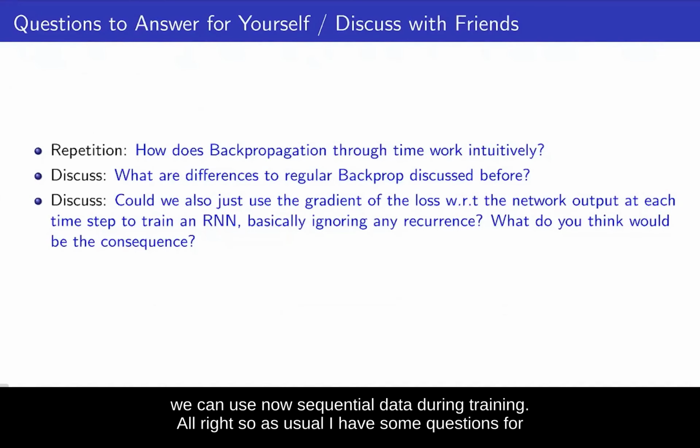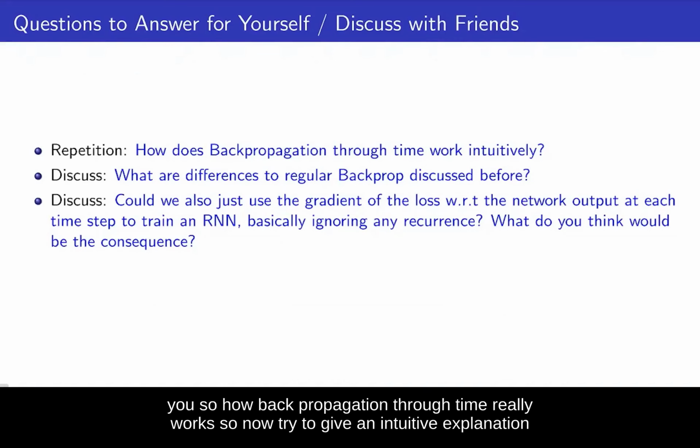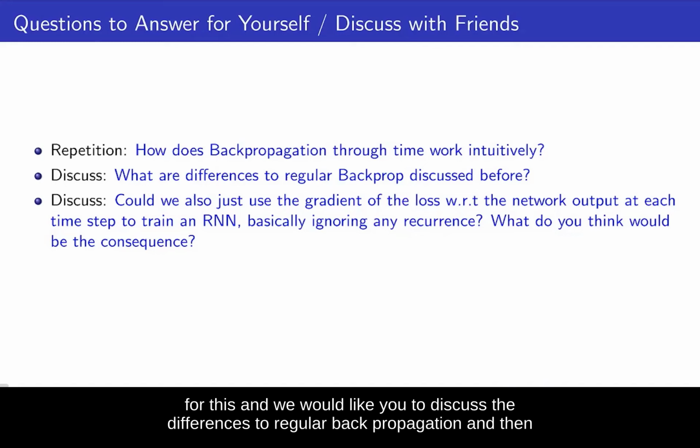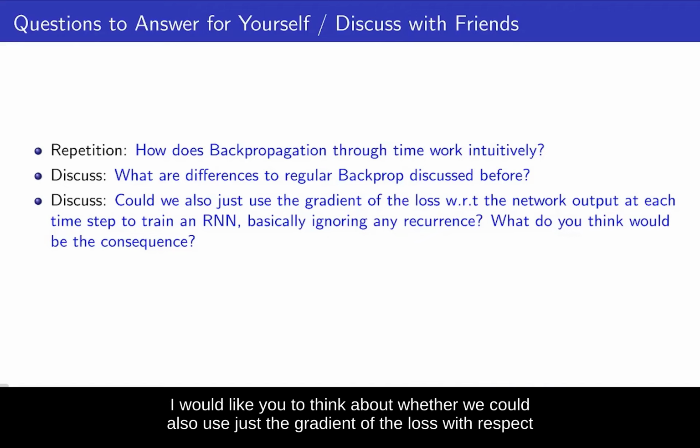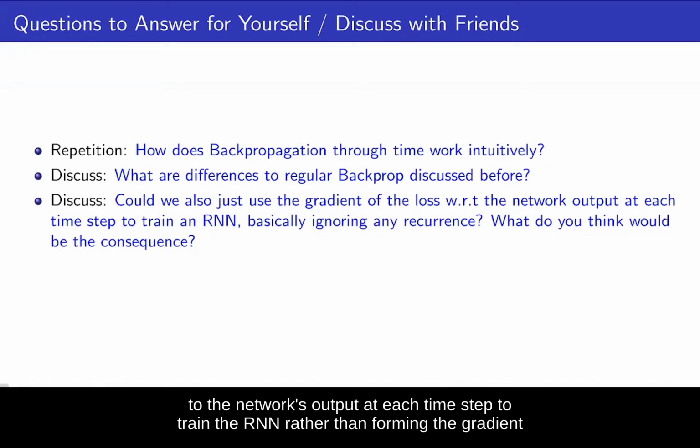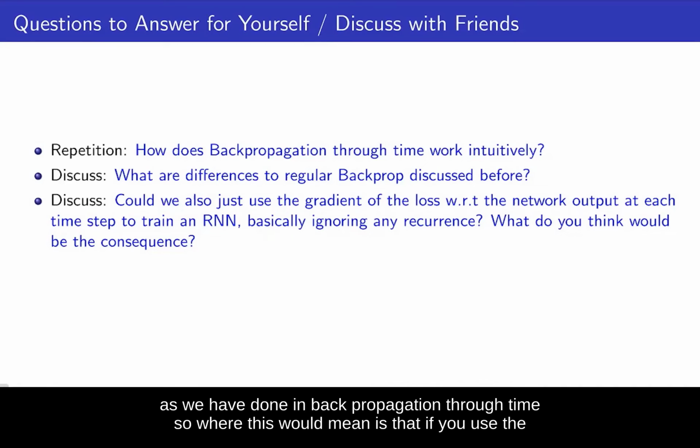All right, so as usual, I have some questions for you. How does backpropagation through time really work? Try to give an intuitive explanation for this, and we would like you to discuss the differences to regular backpropagation. And then I would like you to think about whether we could also use just the gradient of the loss with respect to the network's output at each time step to train the RNN, rather than forming the gradient as we have done in backpropagation through time.